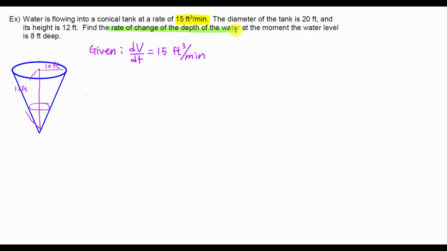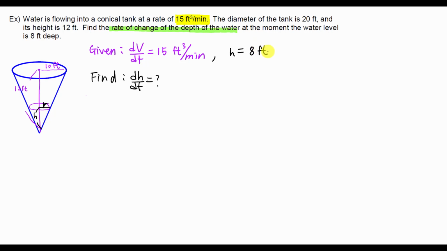So let's say this depth of water is the height h of the water, and this will be the radius of the water. So I have to find, since it says rate of change of depth of water, dh/dt, at the moment the water level is 8 feet deep, when h equals 8 feet.